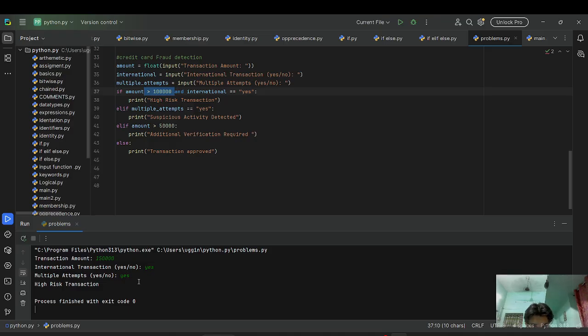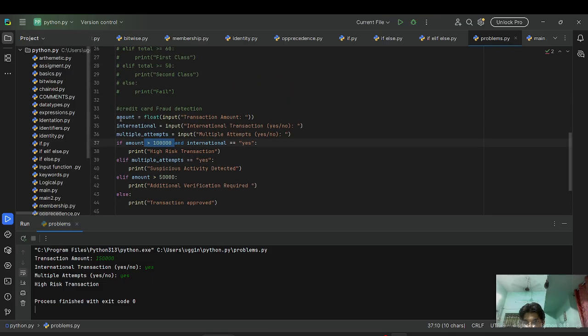This is exactly how modern fraud detection systems work. So we have used here an and operator, both the conditions must be true. Let's see the next problem.